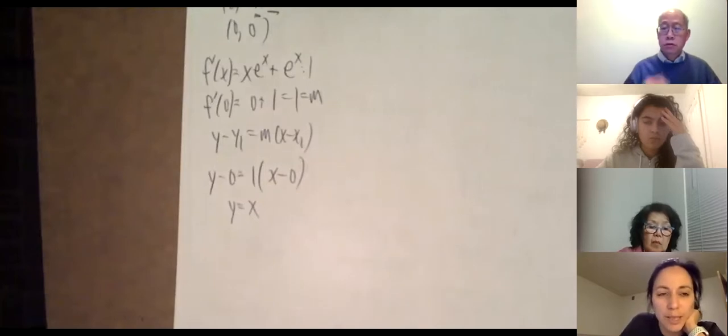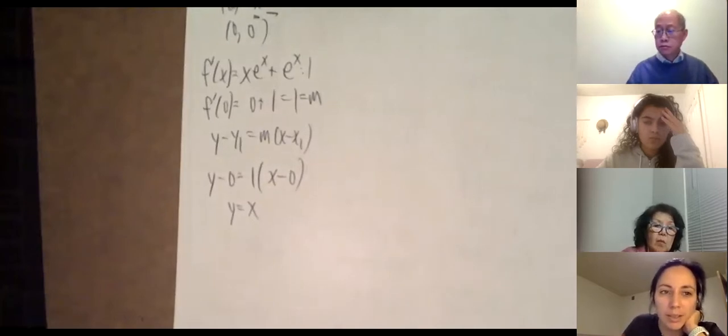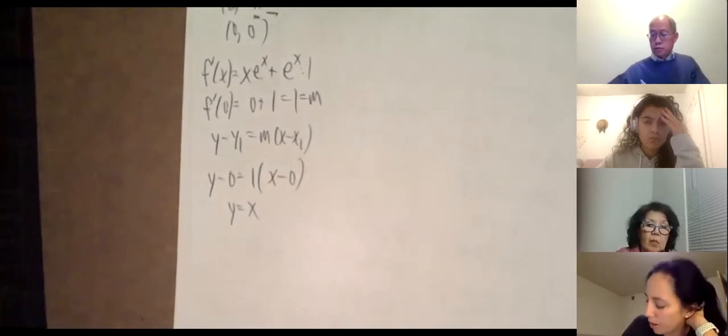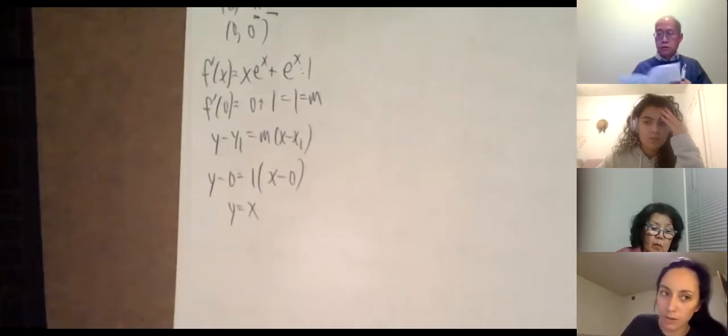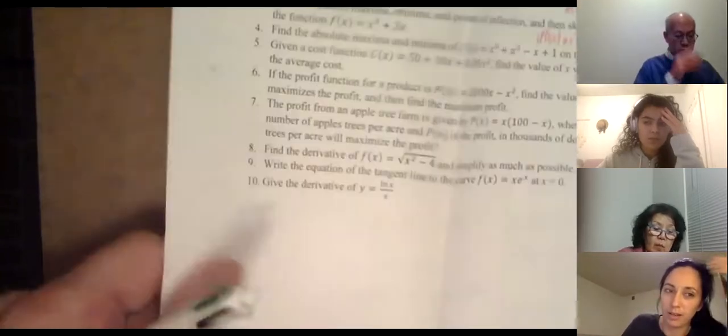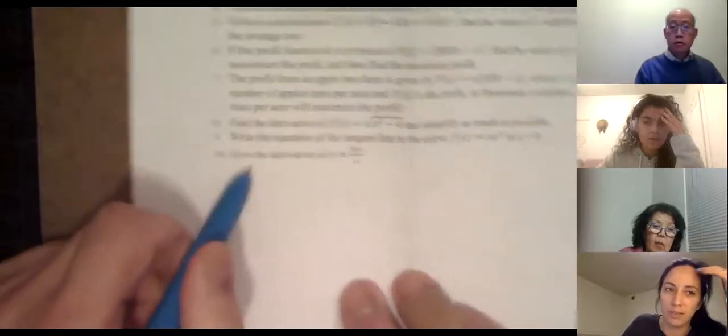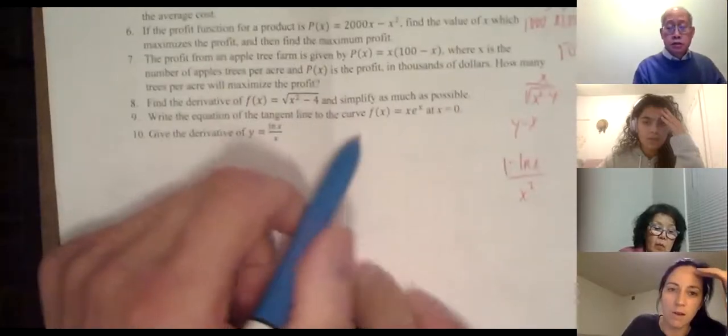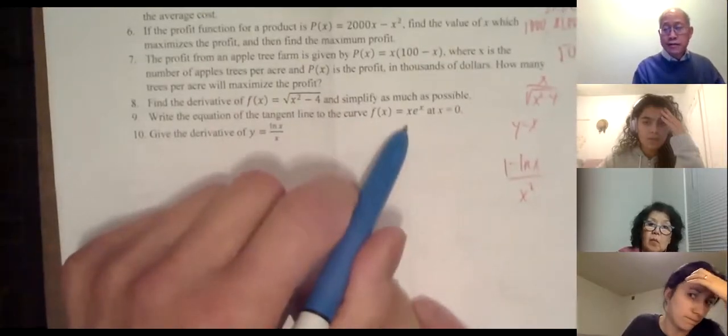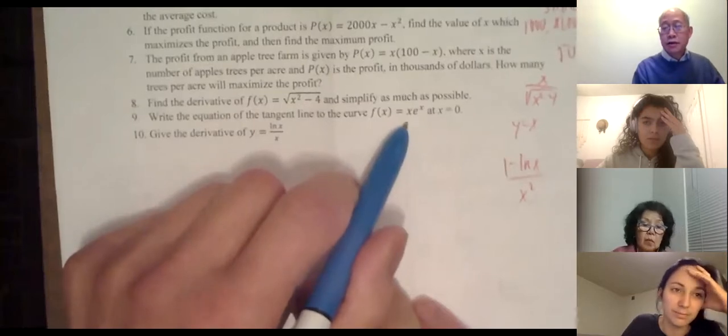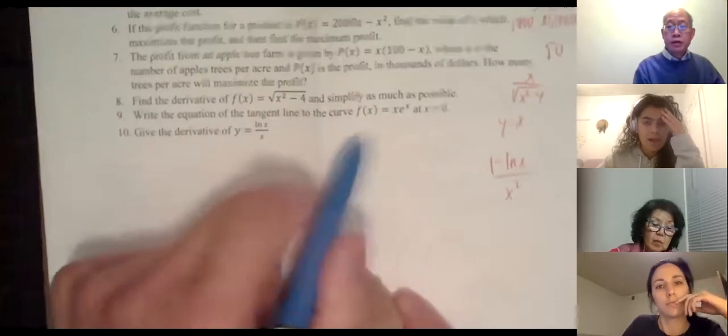Professor, could you explain the wording, the language? Like you're asking for the creation of the tangent line. Like, how would you graph it? To graph this function is not that easy. There's a lot of work involved, but the tangent line is y equals x.